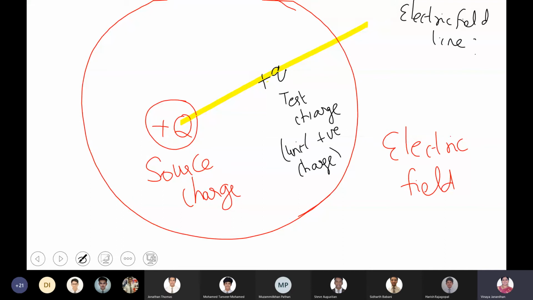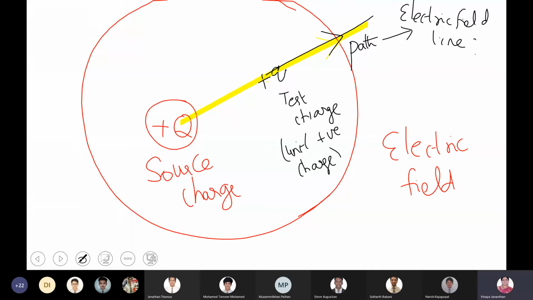And it begins to move. So the path along which the test charge moves is called an electric field line. So the path taken by a unit positive charge in an electric field is defined as an electric field line. The direction in which the test charge moves gives you the direction of the electric field.